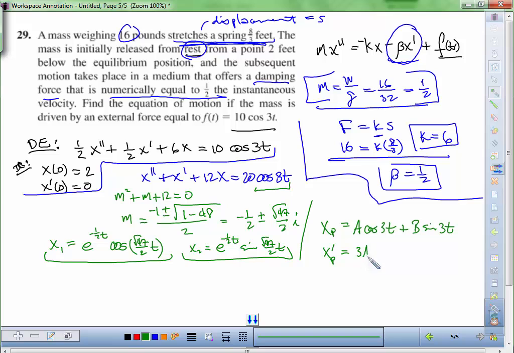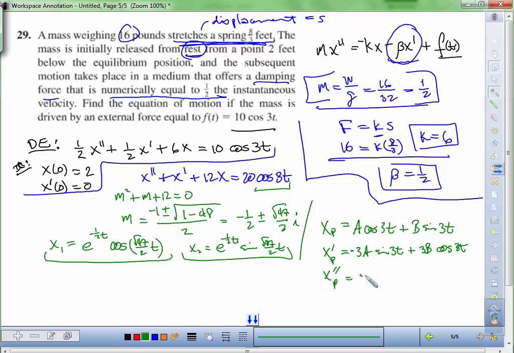So 3A, what's the derivative of cosine? Negative sine. And 3B, the derivative of sine is cosine. And we need the second derivative also because our differential equation is second order.